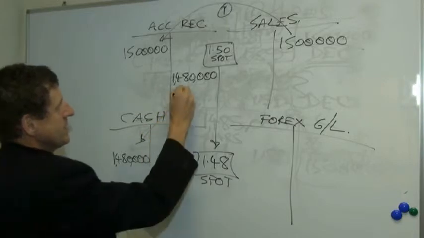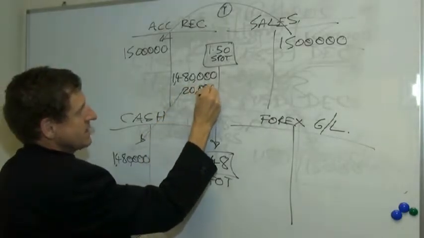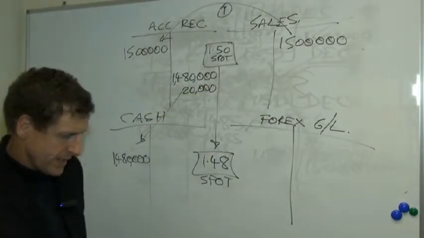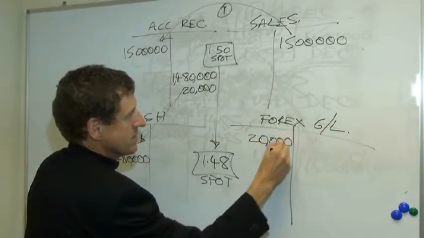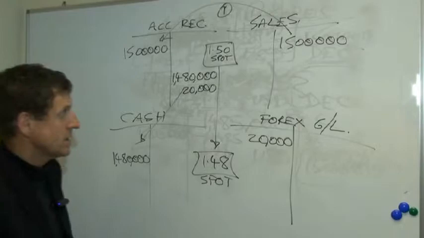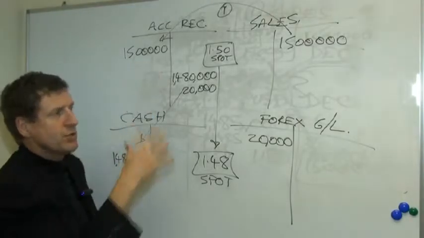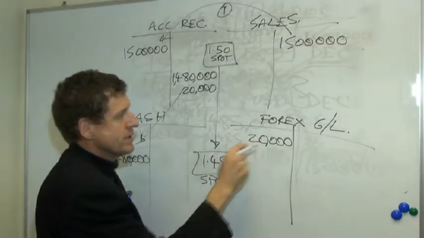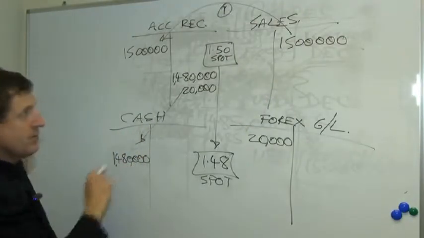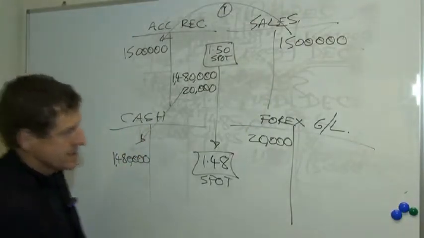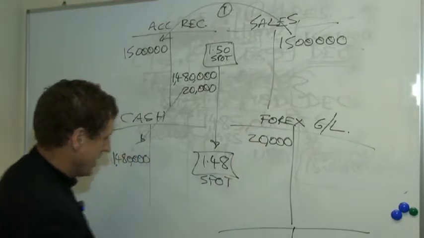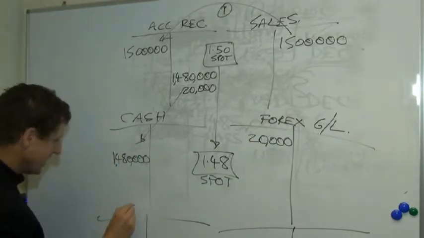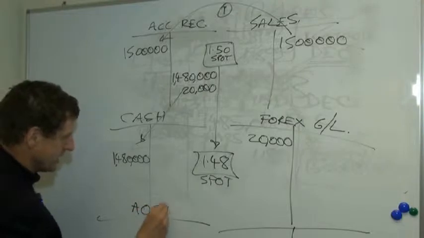So what about the other 20,000? Because we've got to close this out. Well, really, what we've got here is a Forex loss. We've just lost 20,000 US dollars. We were hoping to receive 1.5 million US dollars. Now we only receive 1.48 million US dollars. Interesting. And so then at the end, they will close out. Of course, this will go to the other comprehensive income.